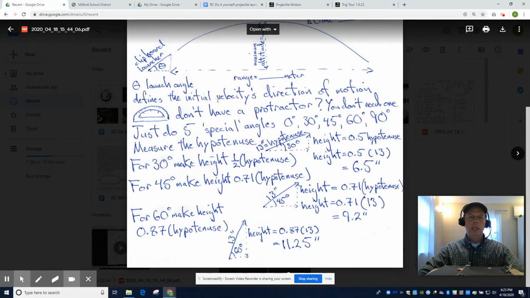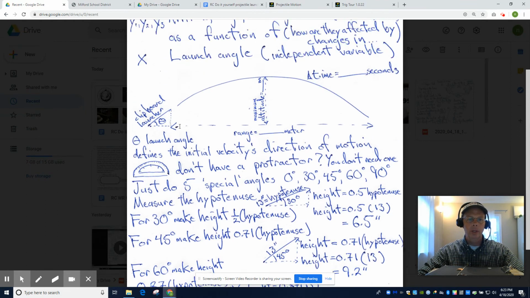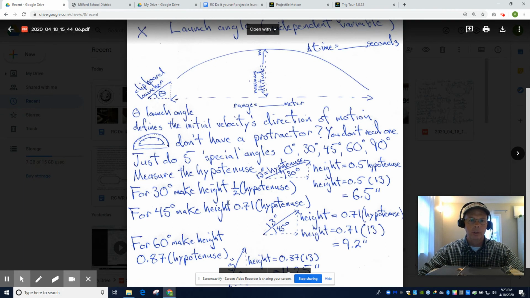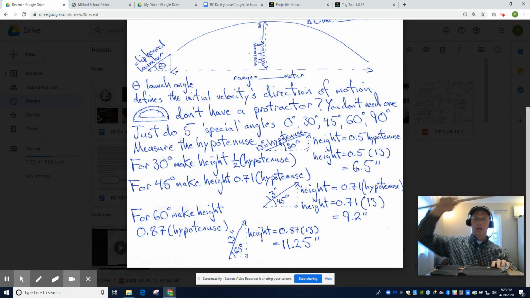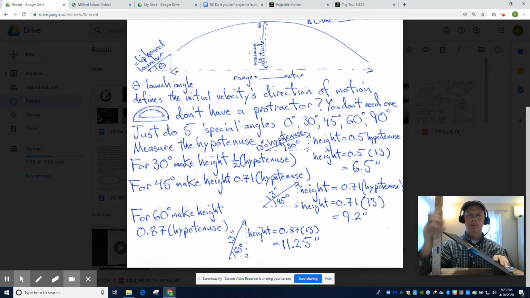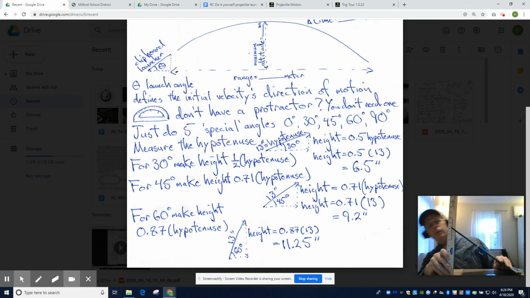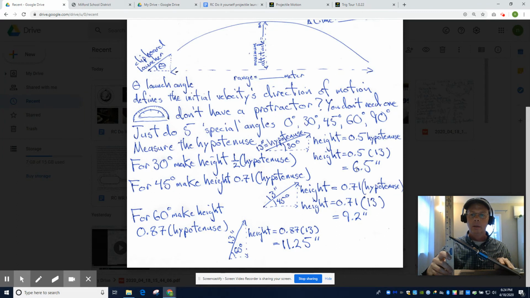Well, if the ratio of the height, that is this dimension, to the hypotenuse is 0.5, all you have to do is multiply the hypotenuse by 0.5, and that'll tell you the height. So half of 13 is 6.5. Is that 6.5? Right there. That's a launch angle of 30 degrees.